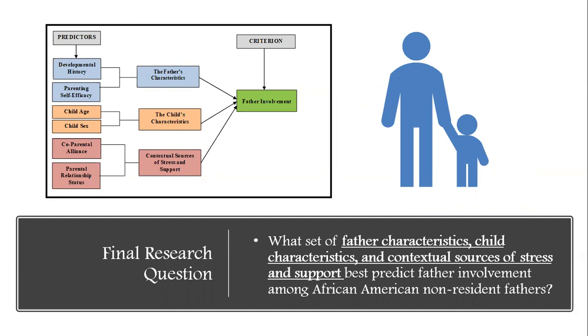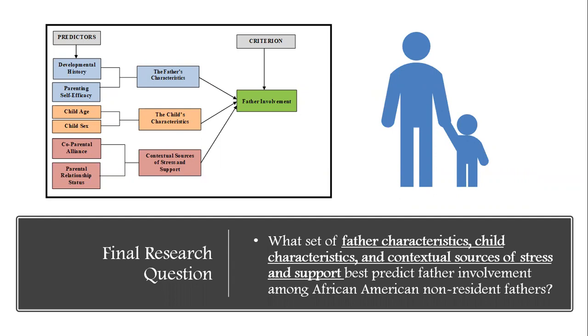I really wanted to shape my theoretical model in such a way that it honed specifically in on the father's characteristics and not just the parents' characteristics in general, because the first question that comes to mind when I see parent is, which parent, right? So I knew in my study that I wanted to be more specific. Here you see that I have two father characteristics that I examined, two characteristics of the child that I examined, and two aspects of contextual sources of stress and support.